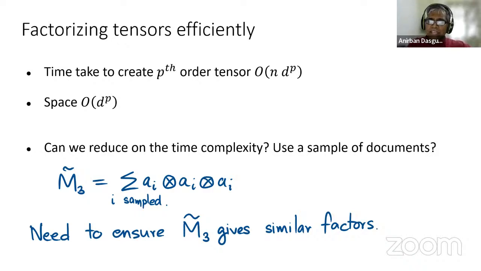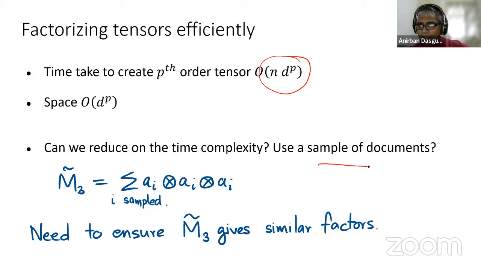But here is the computational issue. In order to create the pth order moment tensor, I need to spend time which is order n times d to the p, where n is the number of data points that you have, and d is the dimension, the size of every vector. And the space is order d to the p, because it's a pth order tensor. Can I reduce the time complexity of this? Because this time complexity is huge, right?